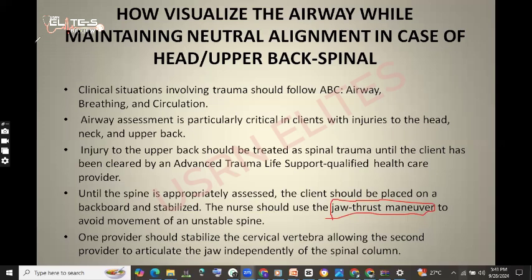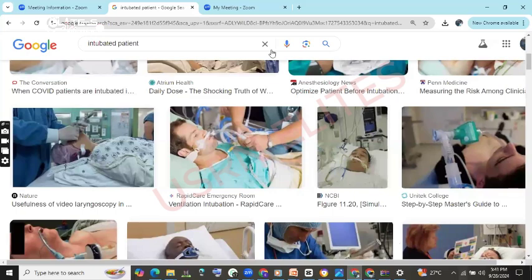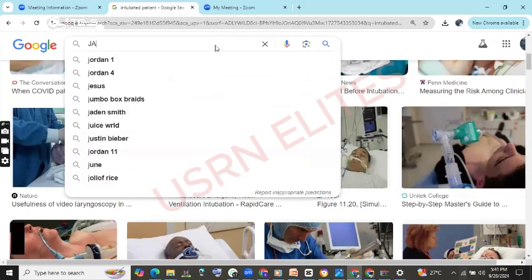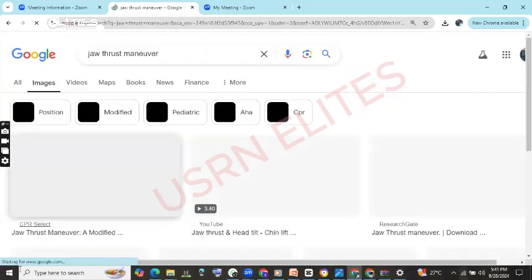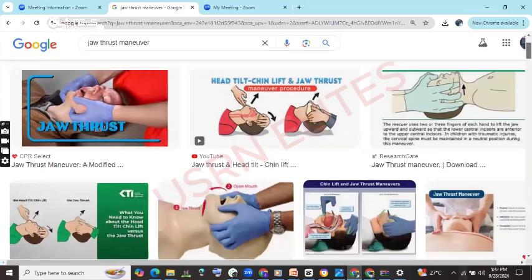Let me see if I can show you something here. Jaw thrust maneuver. Have you seen the pictures? You see how it's done?